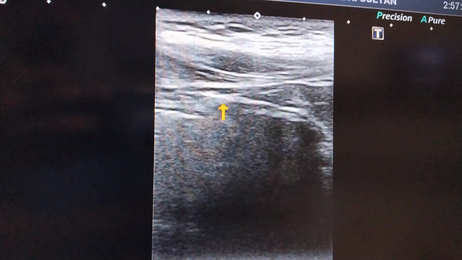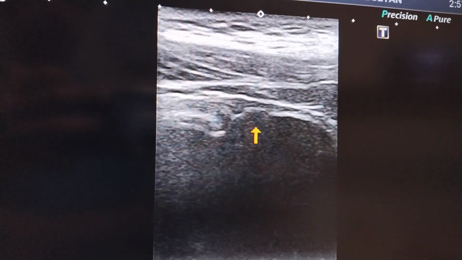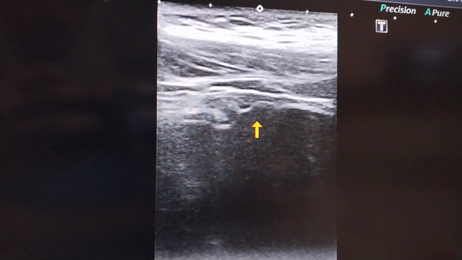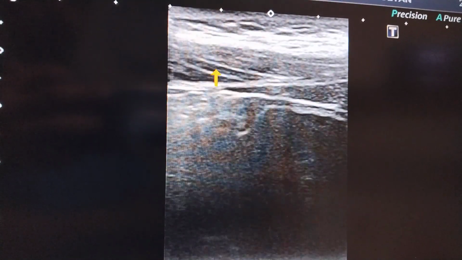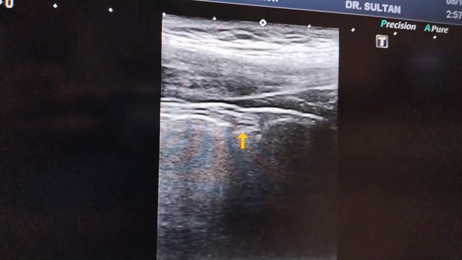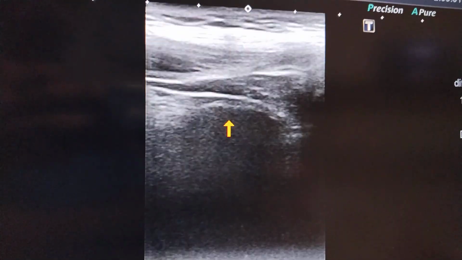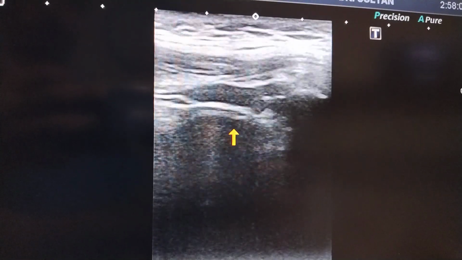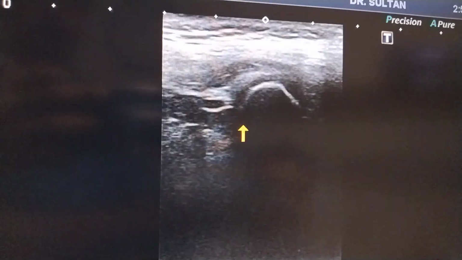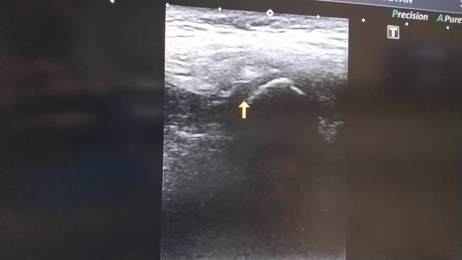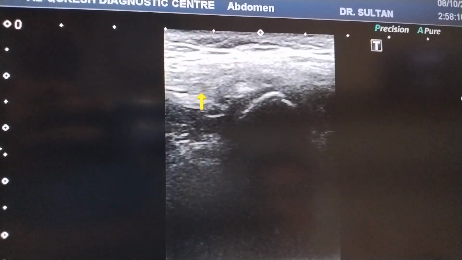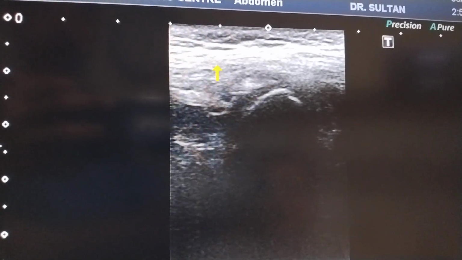So when we reach this level, this is the belly and this is the pubic bone. I move slightly laterally until the rectus abdominis muscle is not visualized.